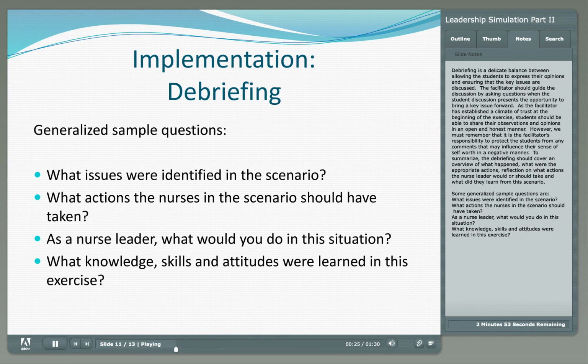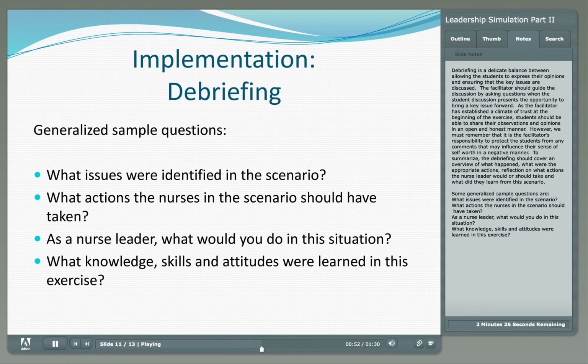And since the facilitator has established a climate of trust at the beginning of the exercise, students should be able to share their observations and opinions in an open and honest manner. However, we must remember that it's the facilitator's responsibility to protect the students from any comments that might influence their sense of self-worth in a negative manner.